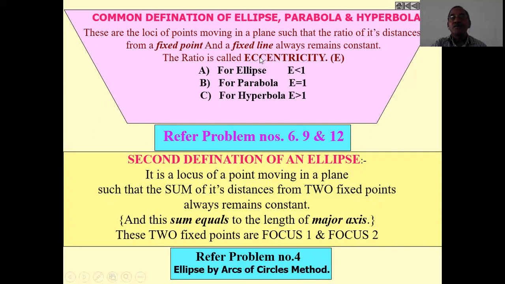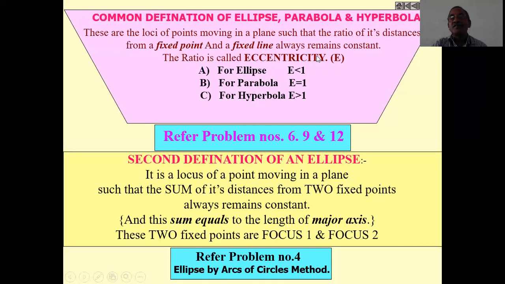Since we are using this eccentricity, this method is called the general method, or the eccentricity method. As I said, it is not only one conic section; there are three conic sections.